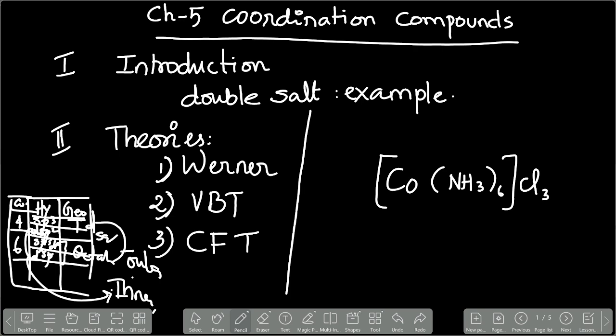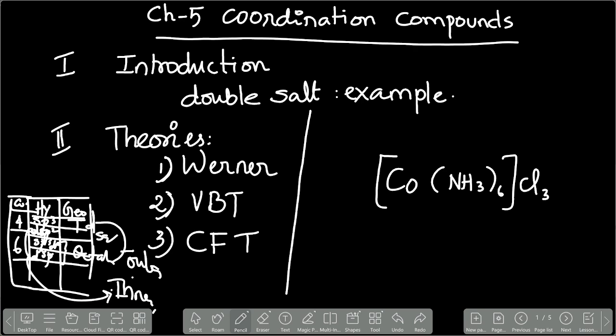And crystal field theory, it considers point charges, that is, ligands were considered as point charges, and when ligands approach the central atom, the energy of the metal d orbitals splits into two different levels. One is lower energy, another one is higher energy. So how does splitting take place in octahedral complex and tetrahedral complex?